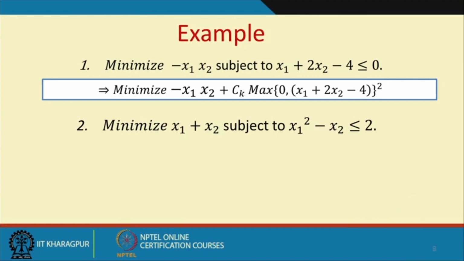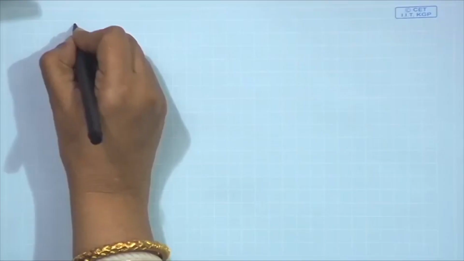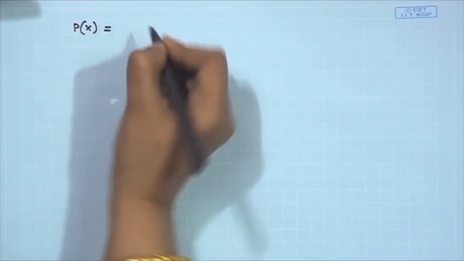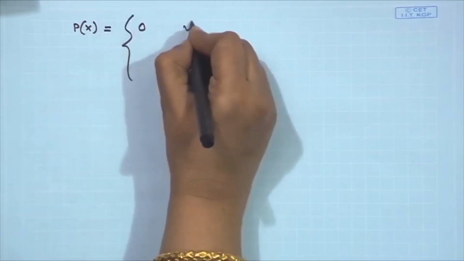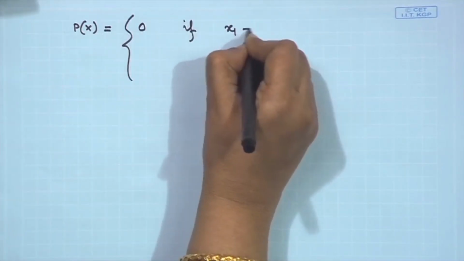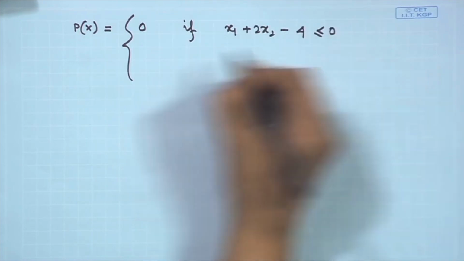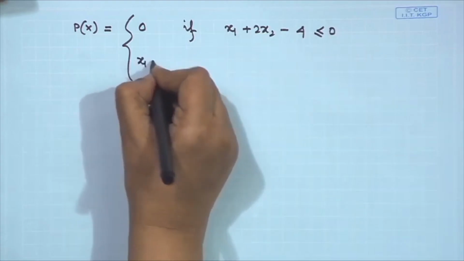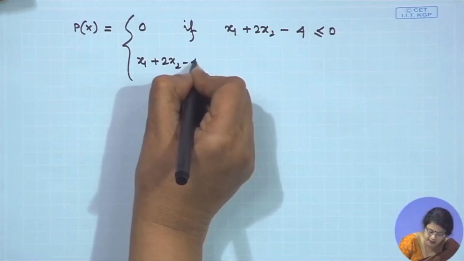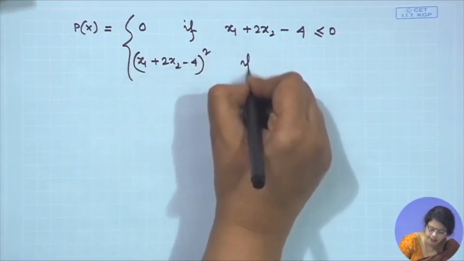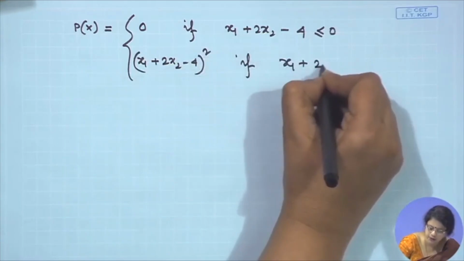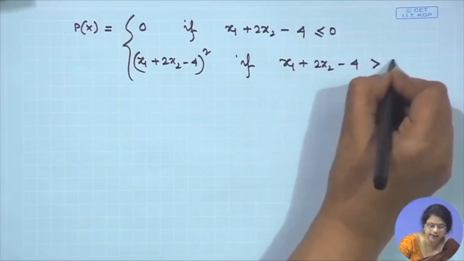The first problem gives us this unconstrained optimization problem. That is why let me find out the value of P(x). P(x) I can say is 0 if x1 + 2x2 - 4 is less than or equal to 0. Otherwise, the value is (x1 + 2x2 - 4) whole square if x1 + 2x2 - 4 is greater than 0.